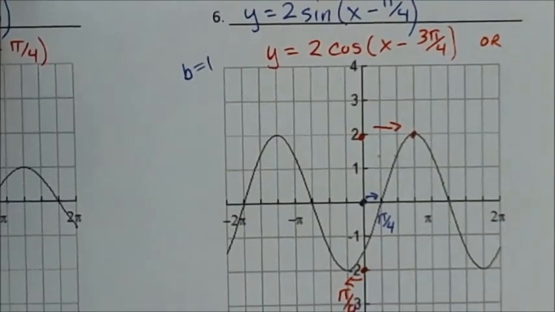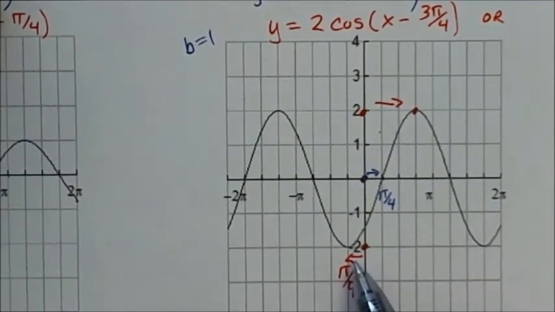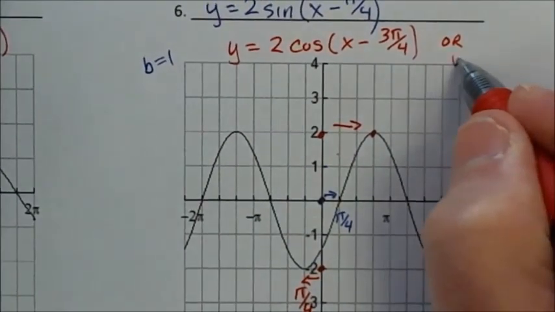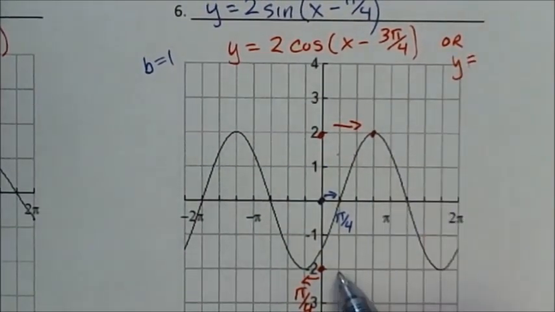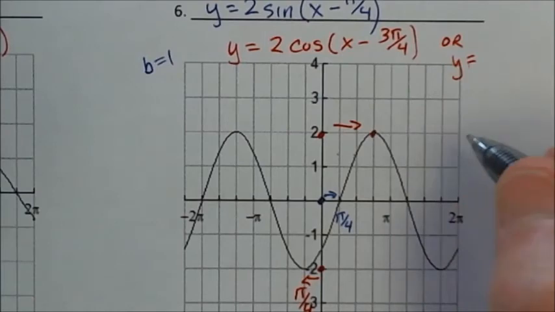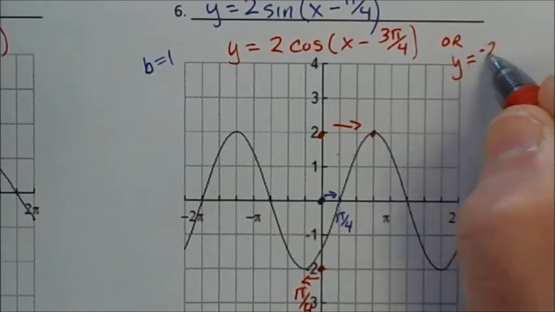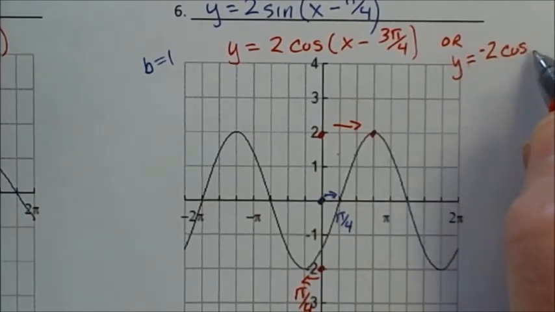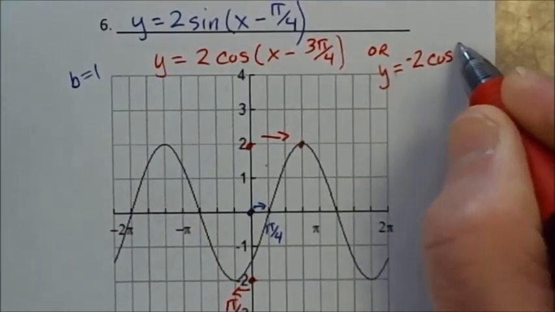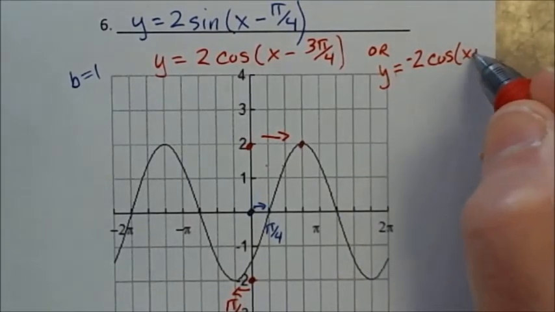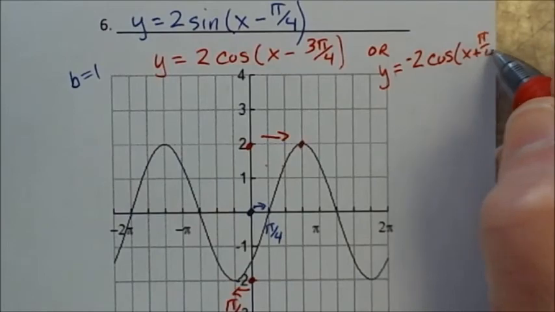Or, if I'm looking at the other one, as a left shift, then for this one here, y equals negative 2, because we're starting down at negative 2. Y equals negative 2 cosine parentheses x, and a shift to the left would be plus pi over 4.